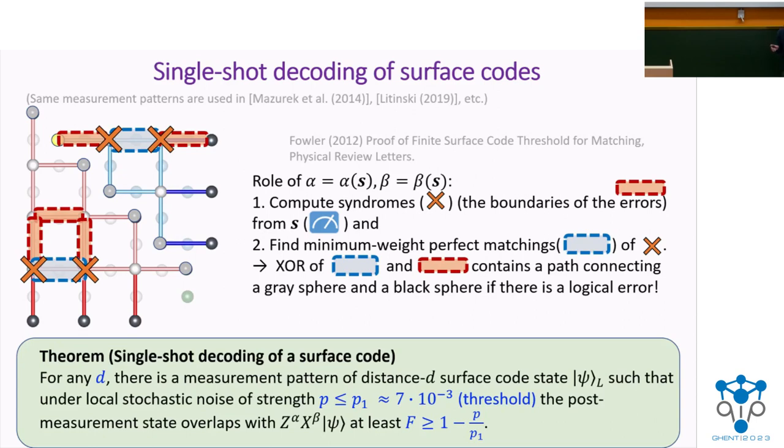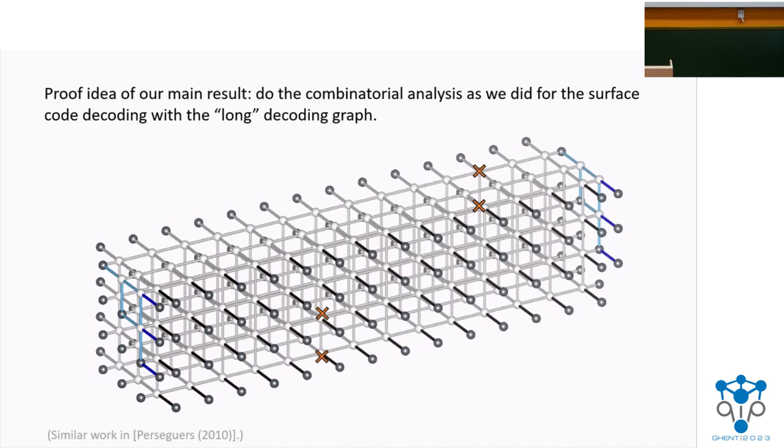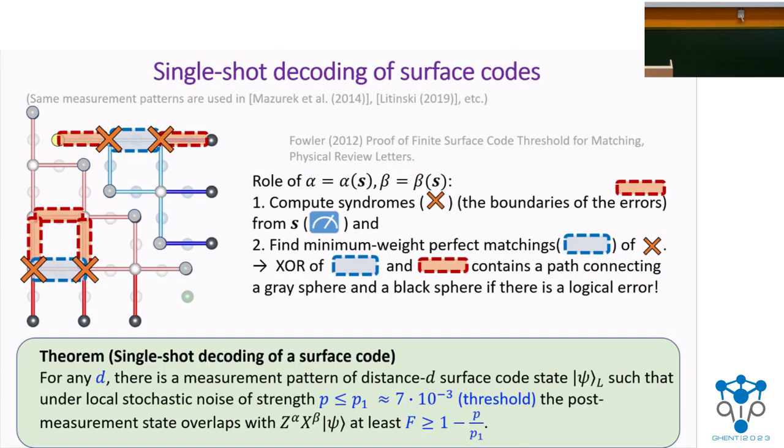And you can do the combinatorial analysis to find the upper bound of the probability of logical errors. And our proof simply uses this very long decoding graph instead of this triangular one.